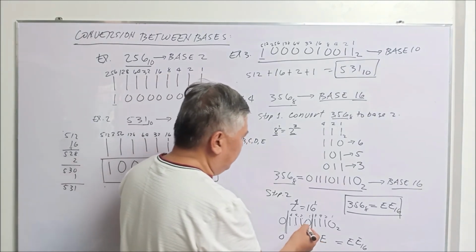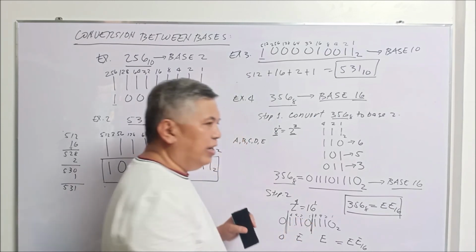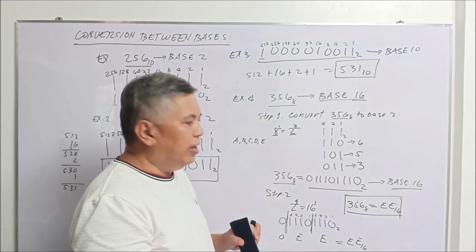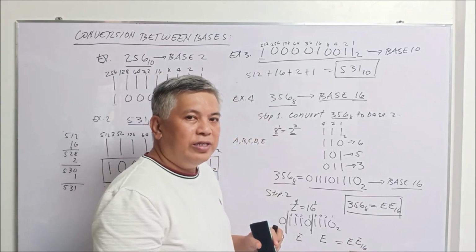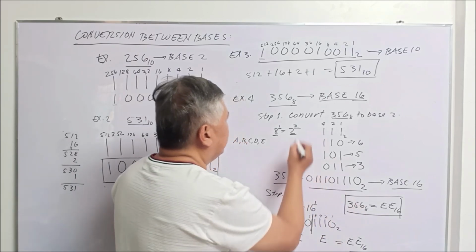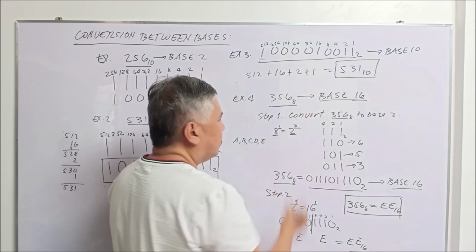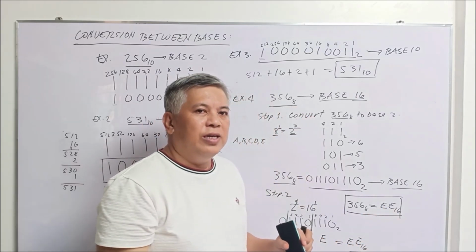Then you have 8 plus 4 plus 2 again, which is 14, and that is E again. So the final answer is EE of base 16. So we can say that 356, which is our given number, is equivalent to EE of base 16.